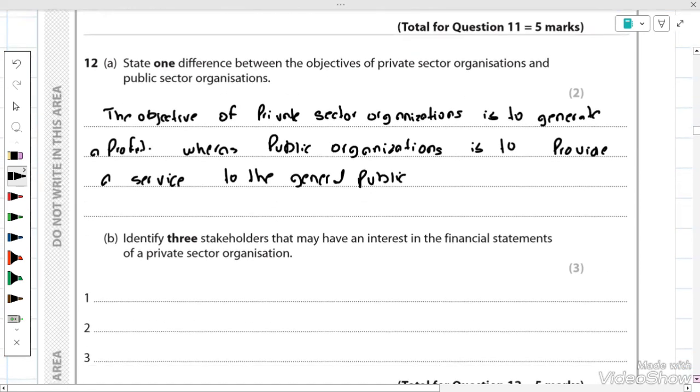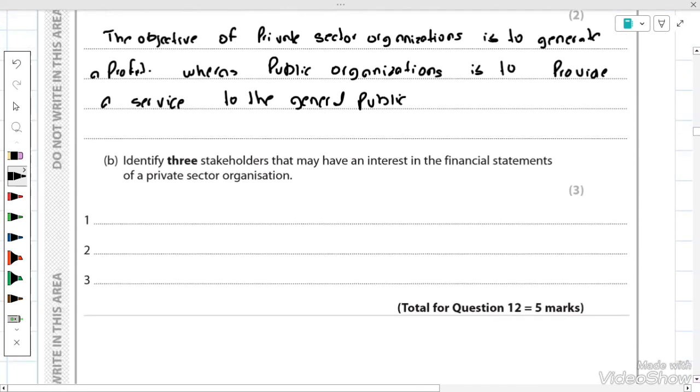Okay. So the third question is: identify three stakeholders that may have an interest in the financial statements of a private sector organization. So we know that we have different stakeholders: government, your tax authorities, your customers, your investors, your shareholders, your employees, your owner, your banks, your suppliers.